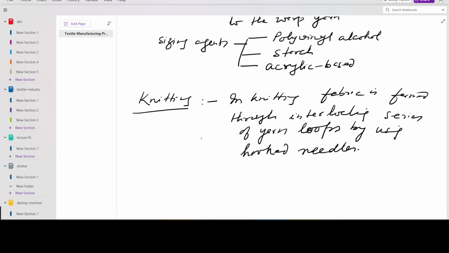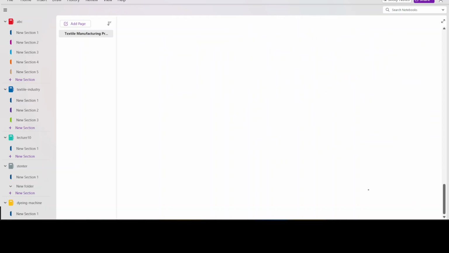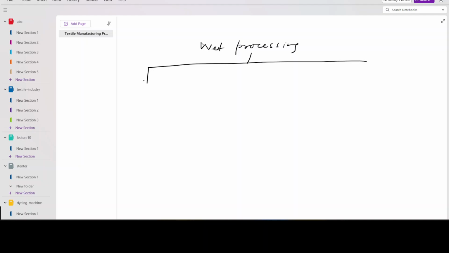The next process after fabric production is wet processing. We have seen that in fabric production we have two processes.